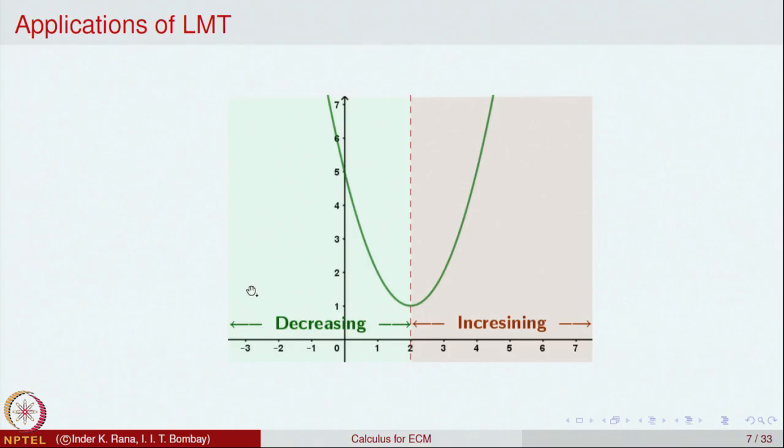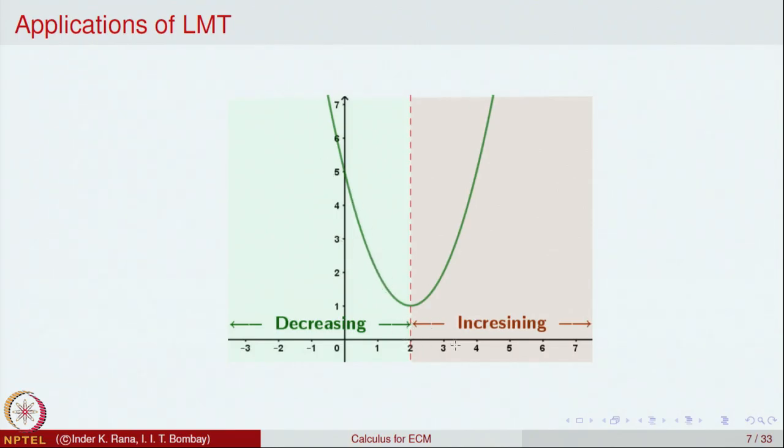So, here is the visualization of this last theorem. This is the graph of the function, and you look at the tangent at any point. On the left side the tangent will be like this.